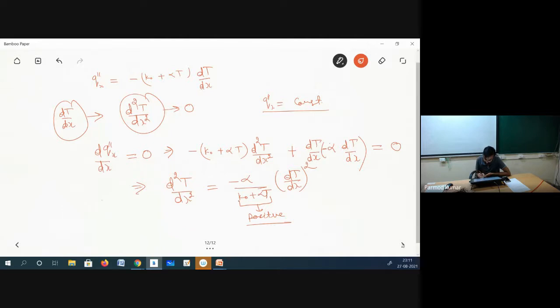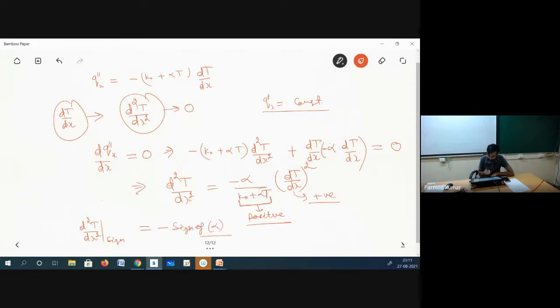So this term in the denominator will always be positive, and dT by dx, whether positive or negative, is squared, so it will also always be positive. So in terms of the slope, the sign of d square T by dx square will be equal to minus the sign of alpha.